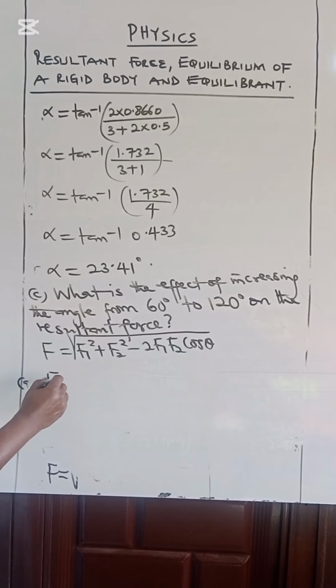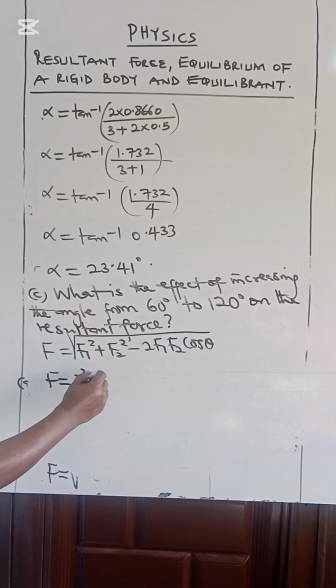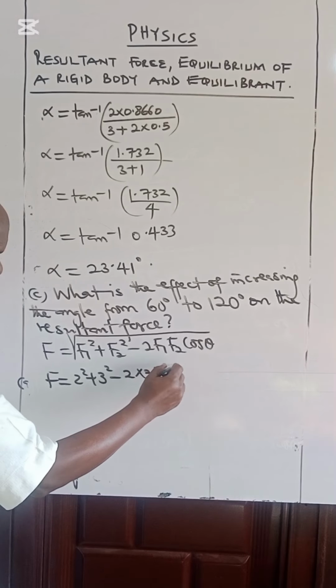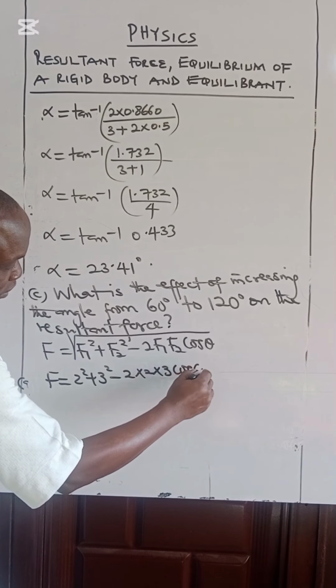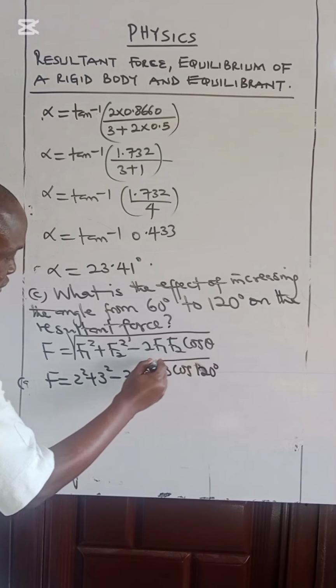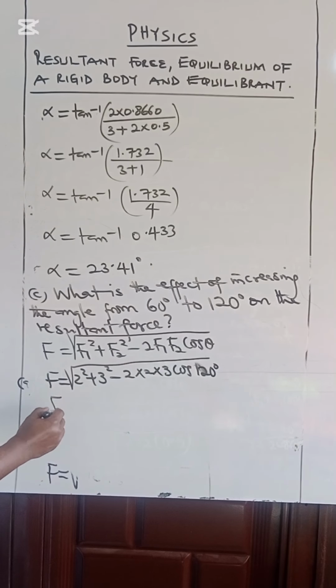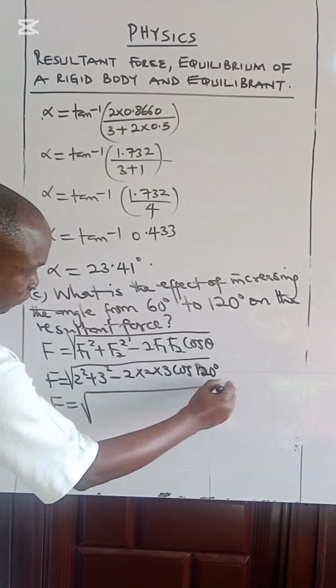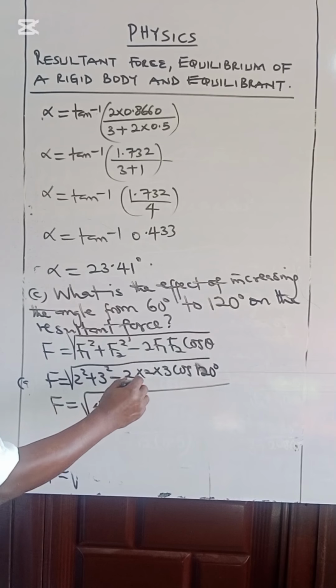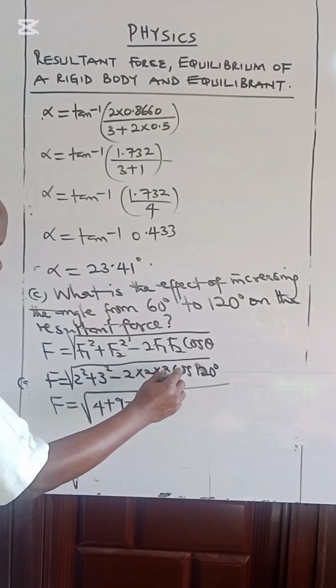So F will now be equal to the square root of 2 squared plus 3 squared minus 2 times 2 times 3, then cos 120 degrees. F is equal to the square root of 4 plus 9 minus 12 cos 120.